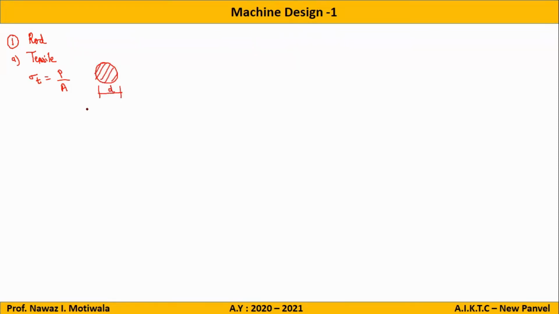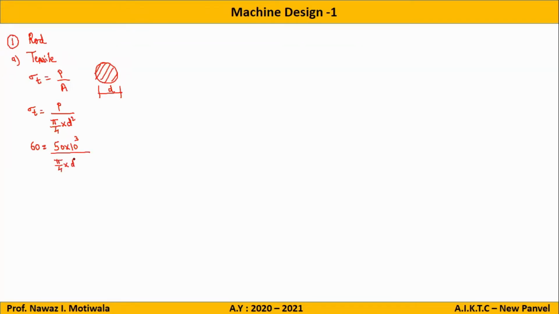Yes, sir. Okay, so it will be sigma T is equal to P divided by area, which will be pi by 4 into D square. Now give me the values. What is sigma T given in the question? 60. Then the value of P is given, 50 kilonewton. So it is 50 into 10 raised to 3 in newtons divided by pi by 4 into D square.